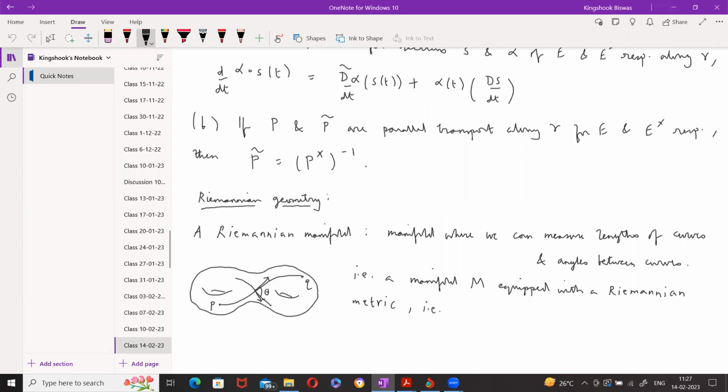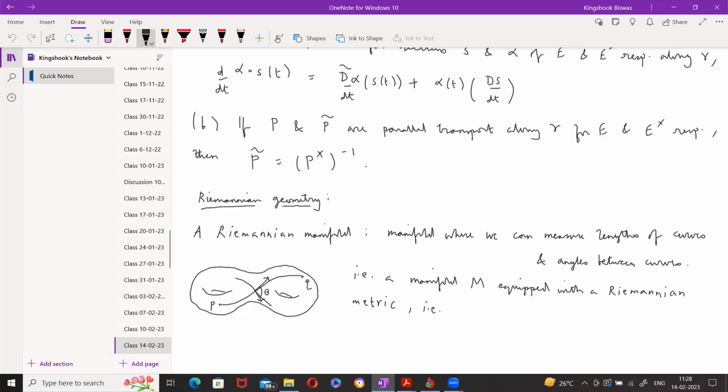That means at each point, you have an element of Tp star M tensor Tp star M, the dual space tensor itself. That is the same as the space of bilinear functions on TpM. We saw this isomorphism in the beginning.